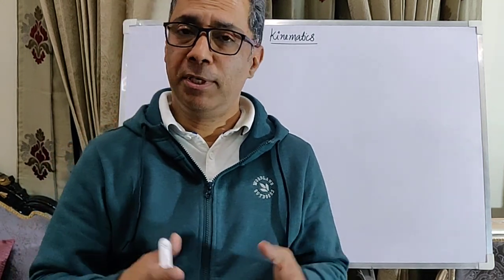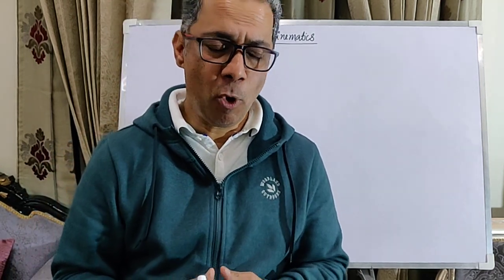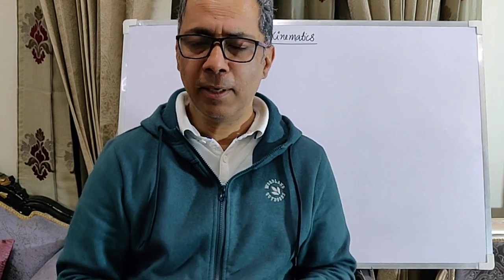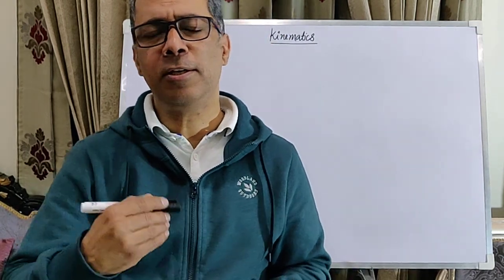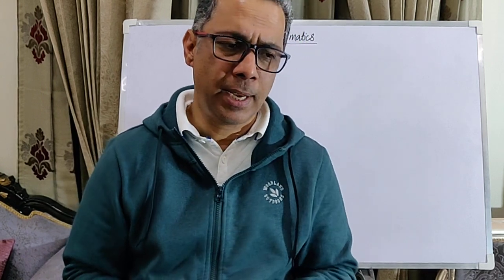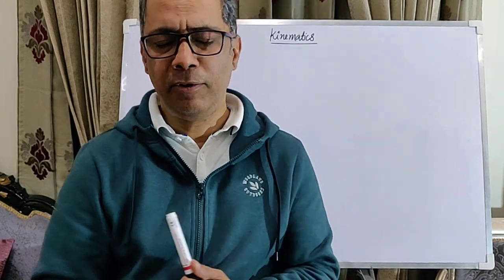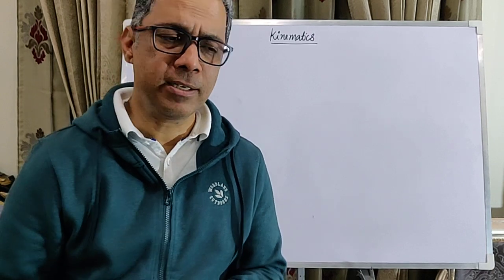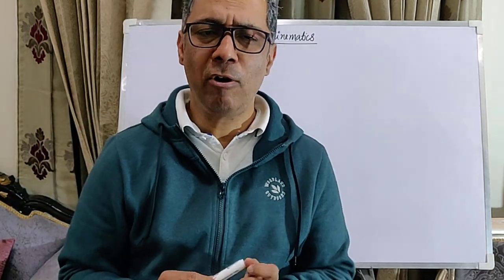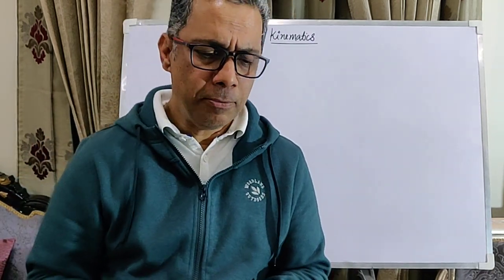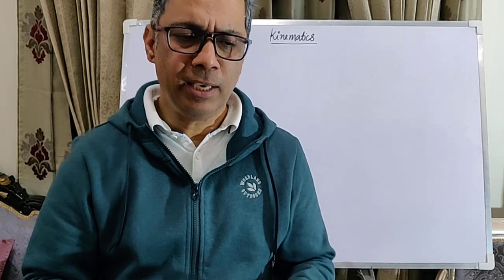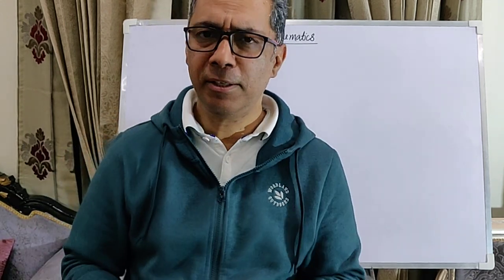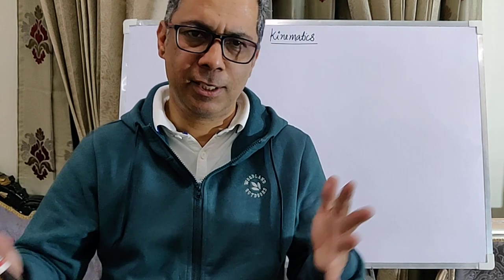But since we are studying physics and we like to be more precise, instead of using the term surroundings, we will use a slightly more accurate term, and that term is frame of reference. Now, generally speaking, frame of reference is the surroundings with respect to which we study motion.